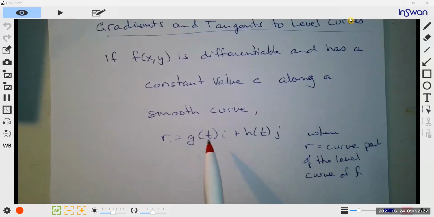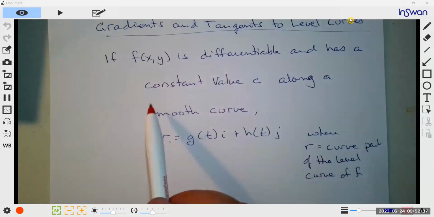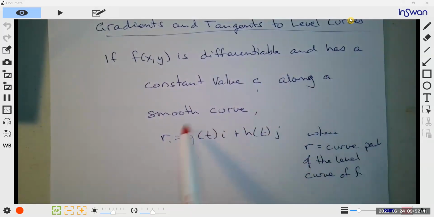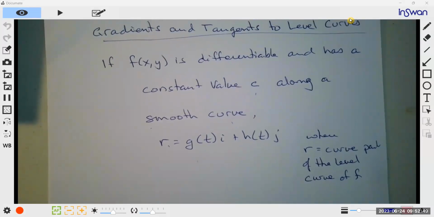Remember, you would define x as g of t and y as h of t. So if f is differentiable and has a constant value c, this is what we define as a level curve, and has a smooth curve. If it's a smooth curve, if it's differentiable, all this stuff comes from the previous lessons.